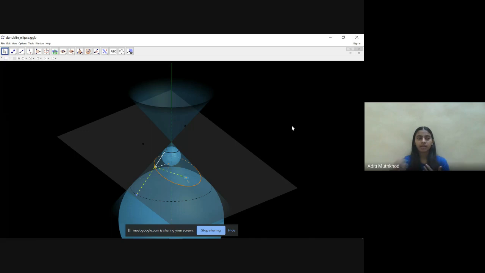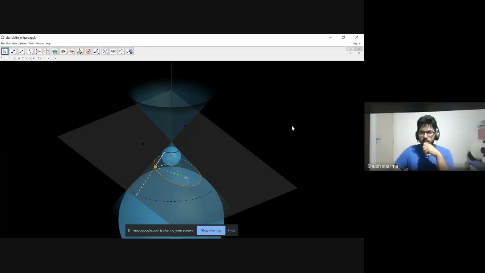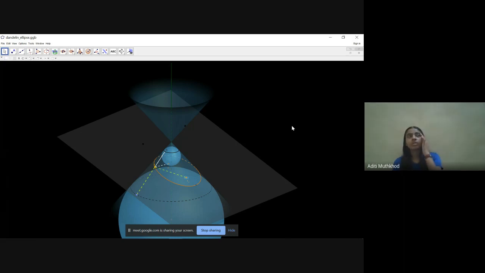They have the same length. Yes. And what about a sphere, if we replace the circle by a sphere? The same thing still holds, right?